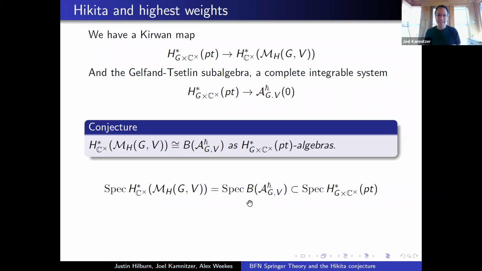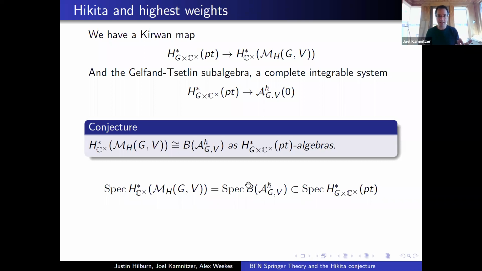Then I'm just saying that two quotients of some algebra are isomorphic. Two quotients being isomorphic, there's no data of the isomorphism because they're quotients. So I can think of each of these quotients as defining some subscheme of the spec of the algebra, and I'm just saying that these two subschemes are the same.